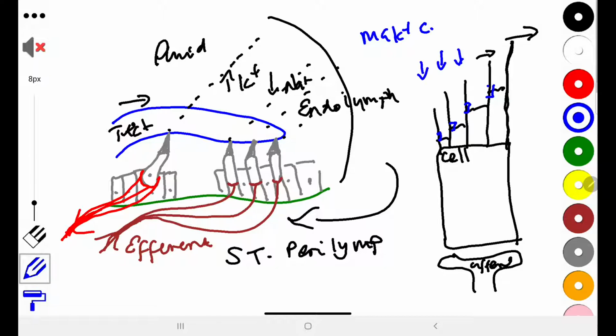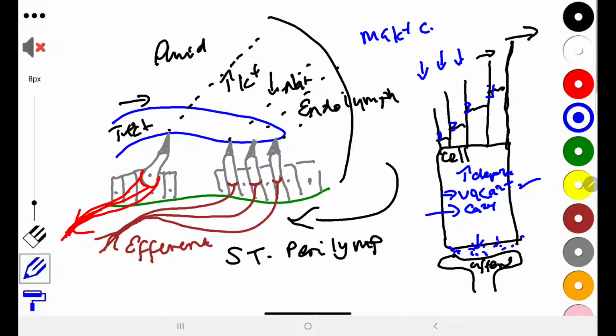When potassium goes into the cell, there will be depolarization, and depolarization is then going to cause voltage-gated calcium channels to open up. Once they open up, there will be an influx of calcium, which will allow for exocytosis of the neurotransmitter.